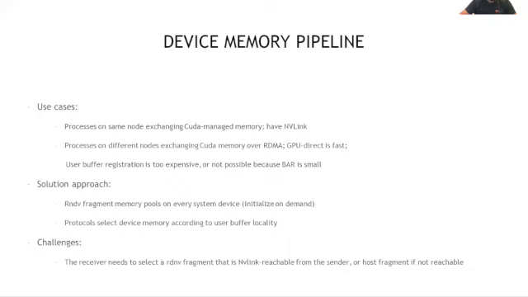And then if the sender sees that the receiver bounds buffer is not reachable by NVLink, it would send something like a second RTS, but not with a new tag, but with request ID.